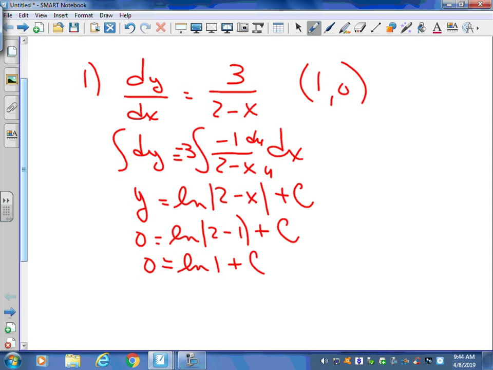And why it's 0, again, remember, ln is the inverse of e. So you're thinking about what exponent would e have to have on it for the answer to come out 1. Well, the only exponent that makes 1 is 0. And so therefore, the whole answer to this problem, since that part is 0, is 0. And so our final answer to the question is y equals ln of 2 minus x without the c on the end, because we don't need it.